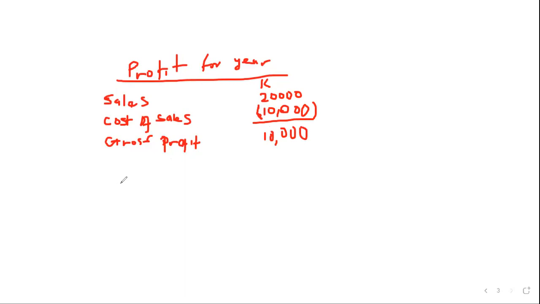So this is just a gross profit, but the question is asking for profit for the year. So now we less the expenses, which is the 3,500.